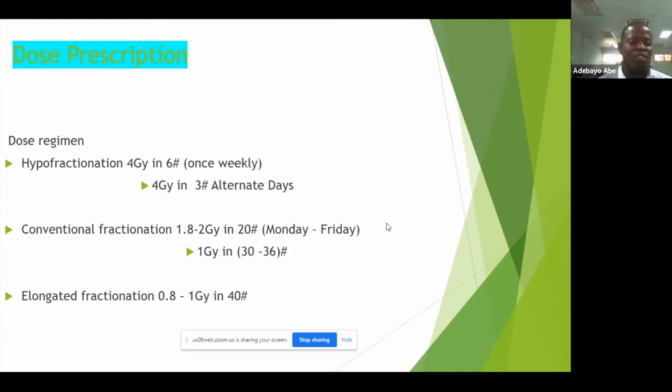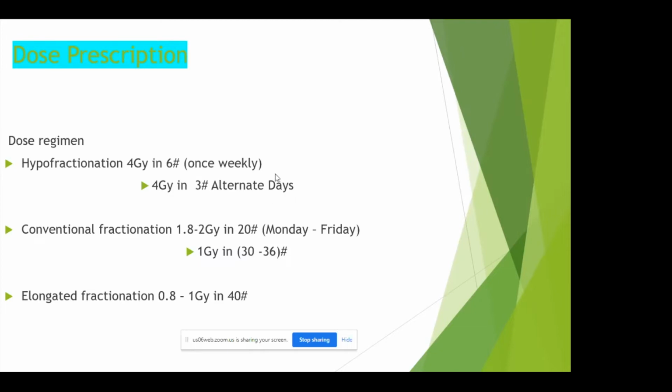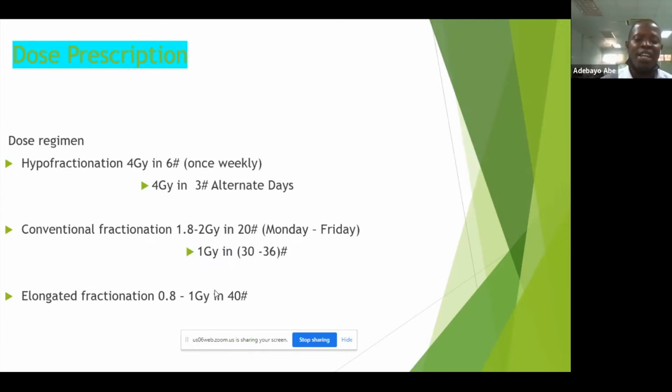This is good when you have all your QA program in place and you know there is no chance for error or tolerance being outside the limited range. Then another form is 4 gray in 3 fractions, but it has been shown that some patients treated with 4 gray in 3 fractions do come back with recurrence.